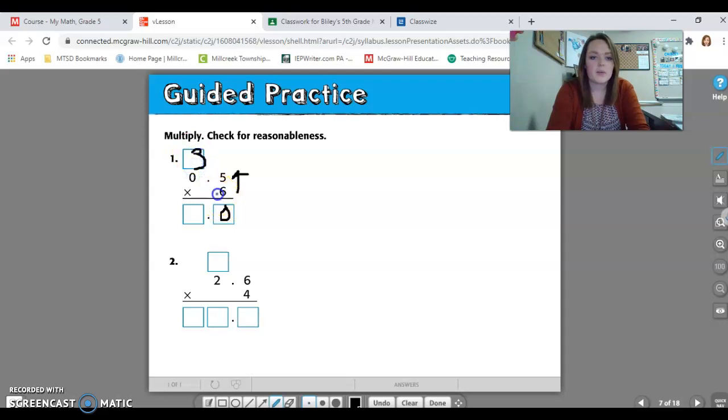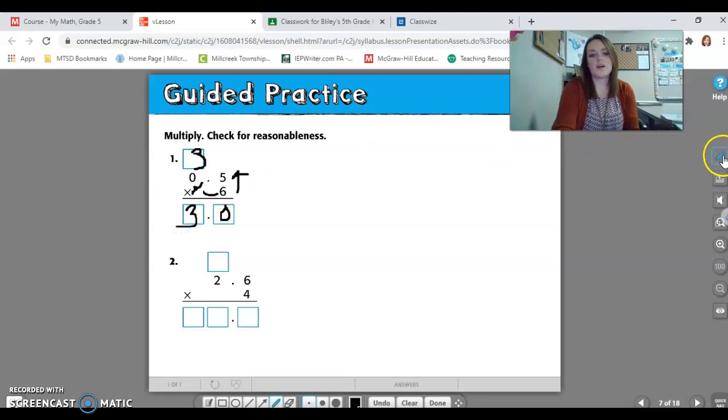Then I'm going to multiply my 6 times my 0. 6 times 0 is 0. Plus 3 is 3. Oh, excuse me, I said 5, that's a 3. This is why I can't even read my own handwriting. So that is going to be a 3, my mistake.